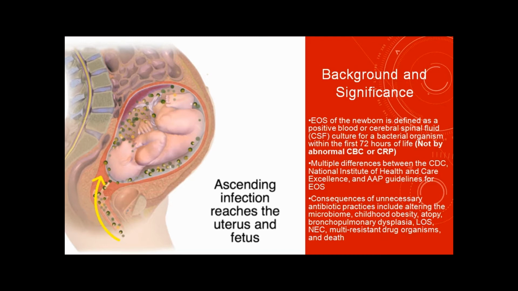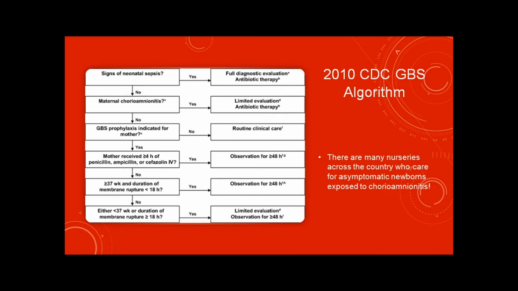The majority of newborns do not have EOS, but in this facility, we tend to treat 60 to 70% of those newborns upon admission to the NICU. In one study, there's a 4-fold increase in late initiation of breastfeeding and a 2-fold increase in formula supplementation in well-appearing term newborns who receive early onset sepsis evaluations.